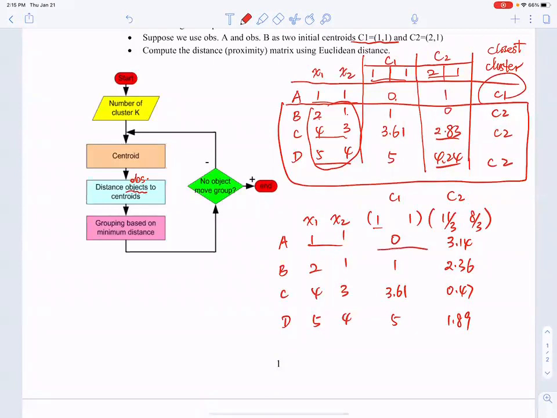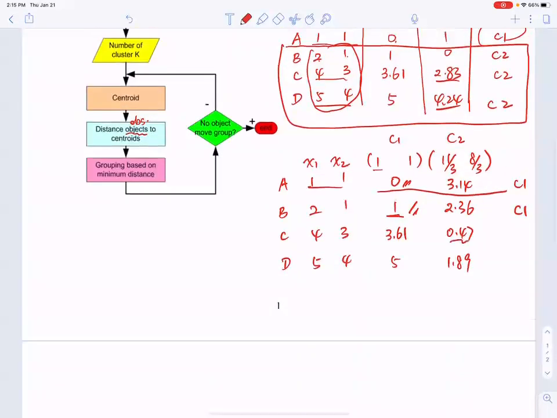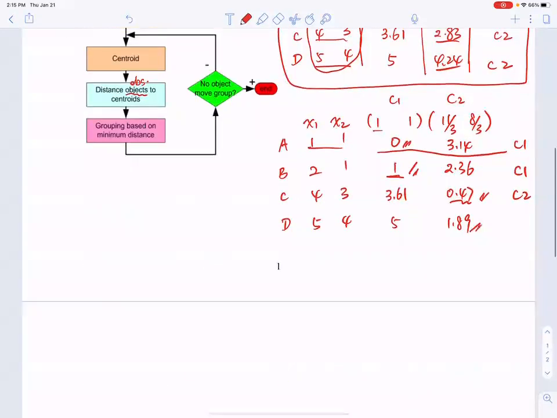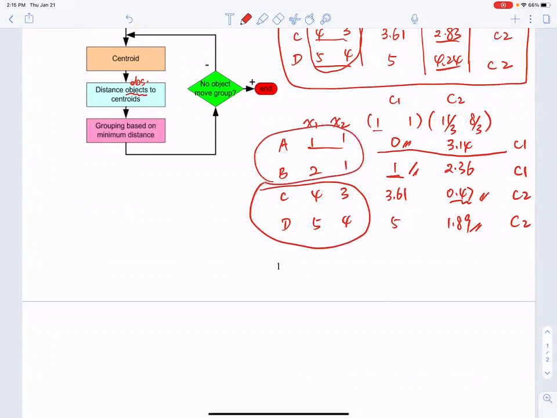The first one should go to C1 because it is smaller. This one is also C1. The next is smaller for the second cluster, so C2, and this is also C2. Now we change the cluster labeling, and we're going to update the centroid.